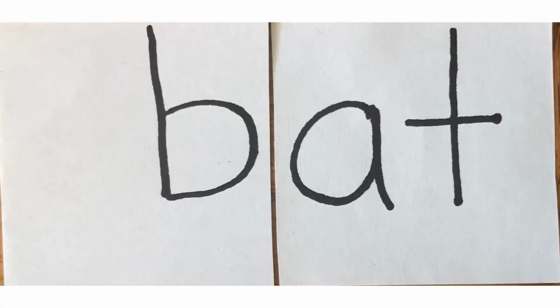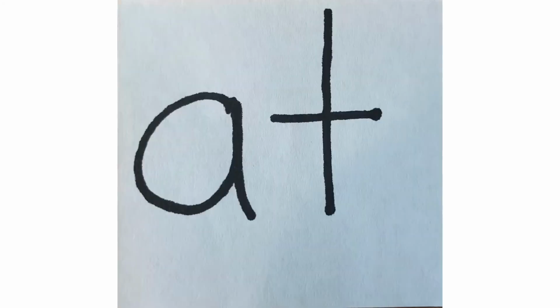Here's our last word, B-A-T. Can you guys figure out what that says? What sounds do those letters make? First, we have the letter B. What sound does the letter B make? Then we have our ending chunk, A-T. What sounds do A-T make together?